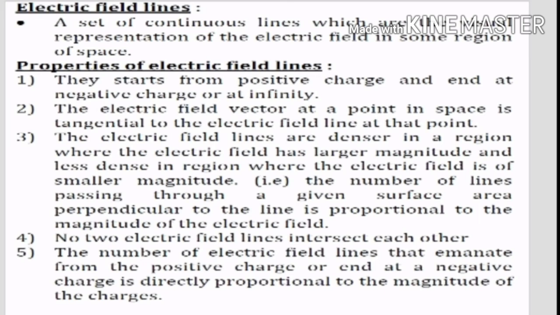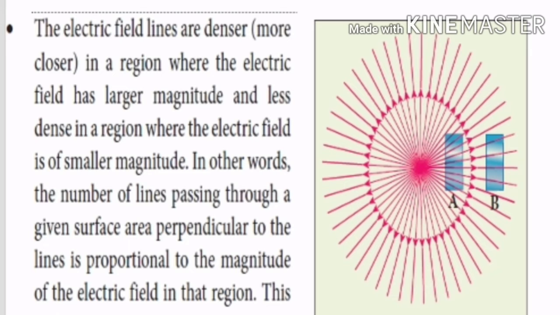Next point, the electric field lines are denser in the region where the electric field has larger magnitude and less dense in the region where the electric field is of smaller magnitude, such that the number of lines passing through the given surface area perpendicular to the line is proportional to the magnitude of the electric field.